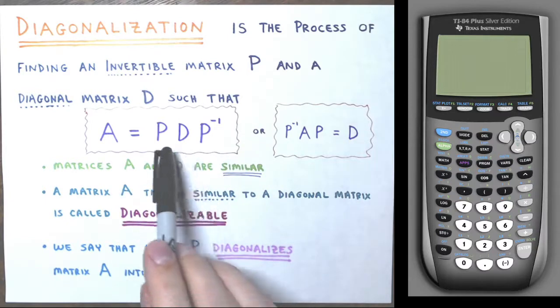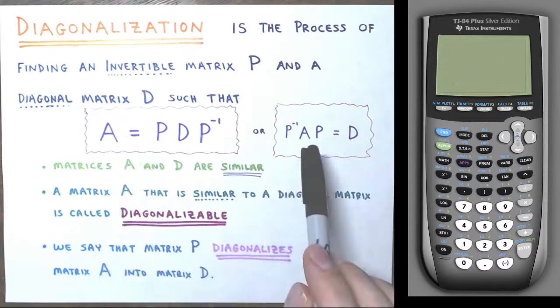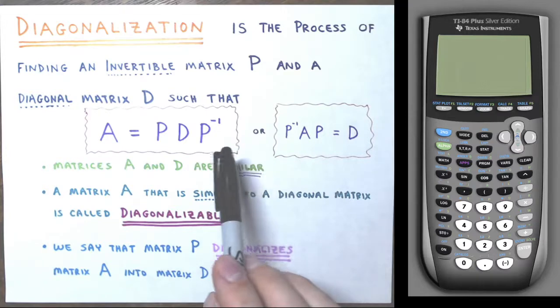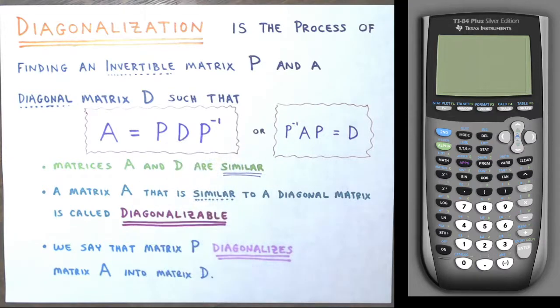Now, if this is happening, that means, and we talked about similar matrices in previous videos of mine, if you've been following, I hope you have, or in previous lessons that you've been reading, I'm hoping you remember what similar matrices are.